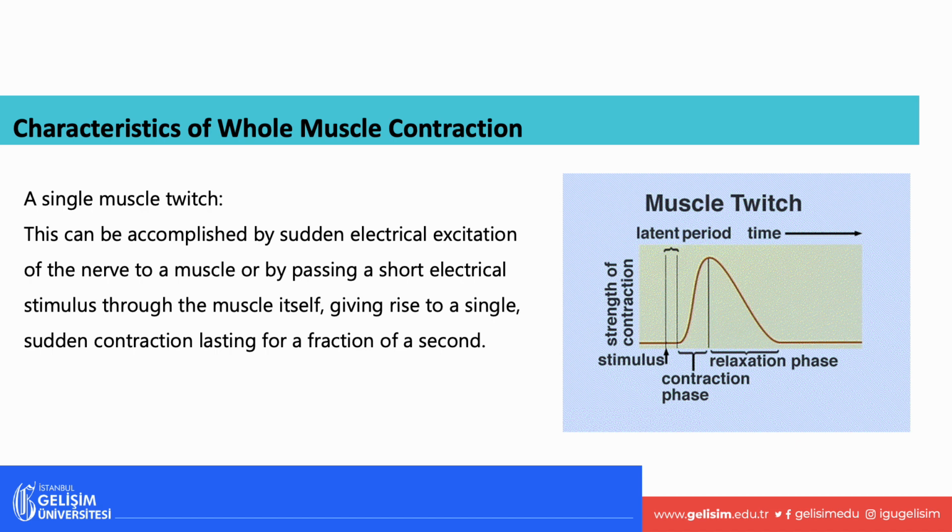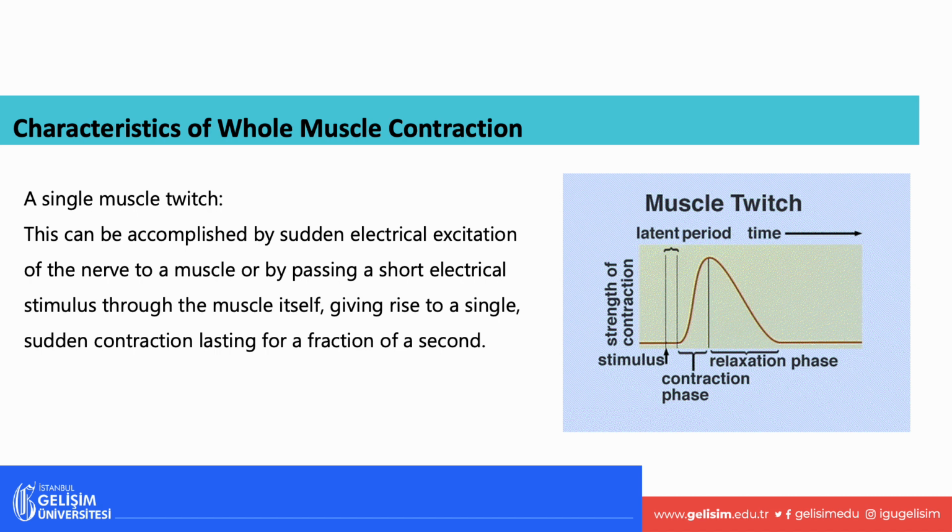So a single muscle twitch refers to a brief, sudden contraction of a muscle that occurs in response to a single, short-lived electrical stimulus. Now, this stimulus can be delivered to the muscle directly, or it can come from a nerve that innervates that muscle. During a muscle twitch, there's a sudden increase in the electrical activity within the muscle fibers, which leads to the release of calcium ions from the sarcoplasmic reticulum.